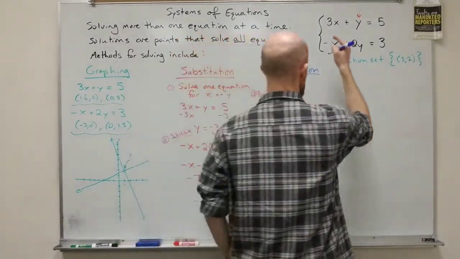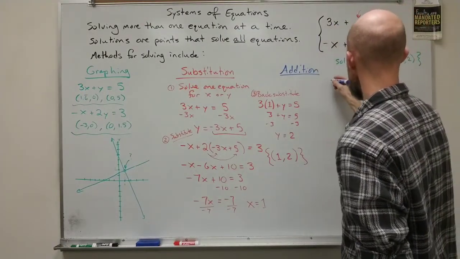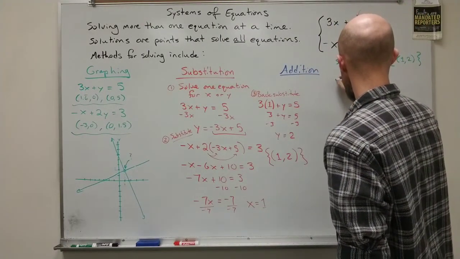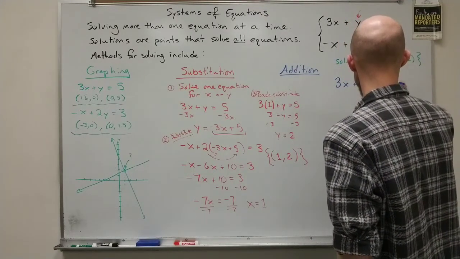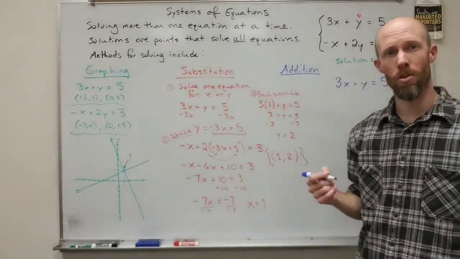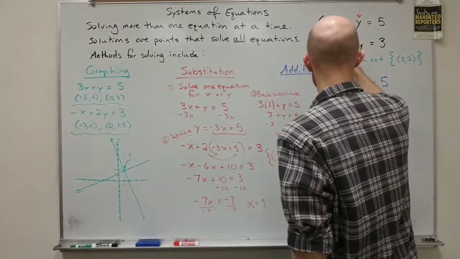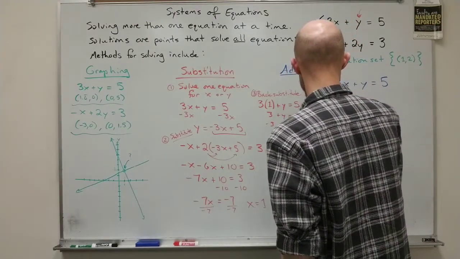So here, I'm going to take the top equation and leave it the same. So the top equation will be 3x plus y equals 5. However, the bottom equation here, I'm going to multiply by 3.